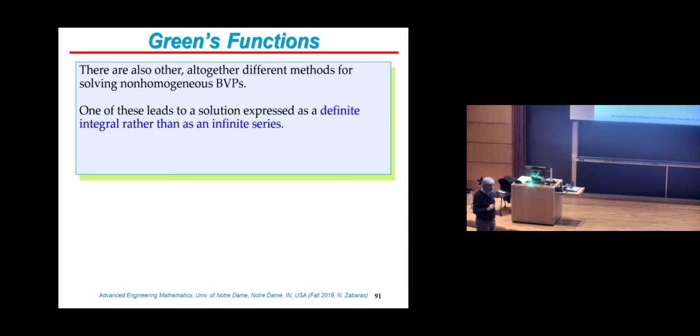Those methods are extremely powerful and provide lots of insights to PDE problems, but unfortunately we don't have time, so I'm not going to cover those. So remember, these Green's functions look like these Fourier expansions that we're doing. However, they involve integrals, not summation. All right, so now we're going to jump.